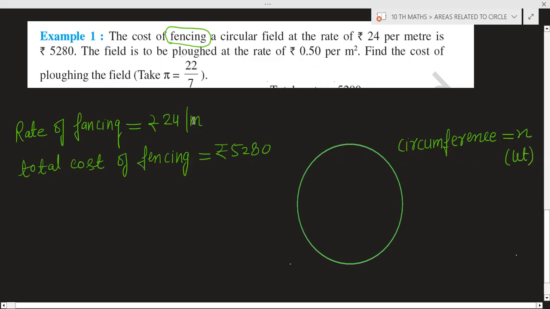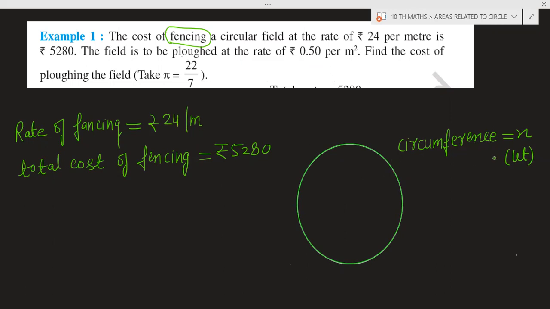For 1 meter you spend rupees 24, and for x meters you have to spend rupees 24 into x. So the total cost of fencing will become 24 into x, and this total cost is equal to 5280.